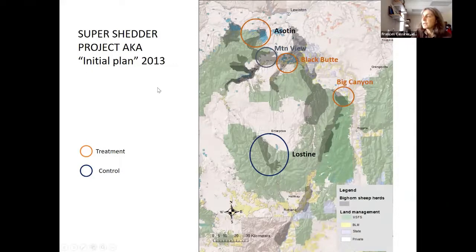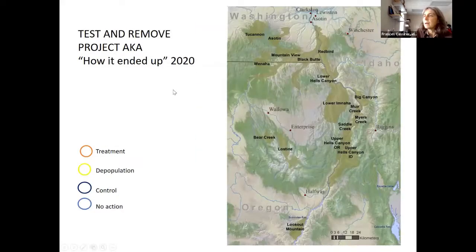So we were going to conduct treatments in 3 populations and have 2 populations as controls. The test and remove project ended up, of course, how this goes when you try to do field work. We started out with our treatment in Asotin and the controls.